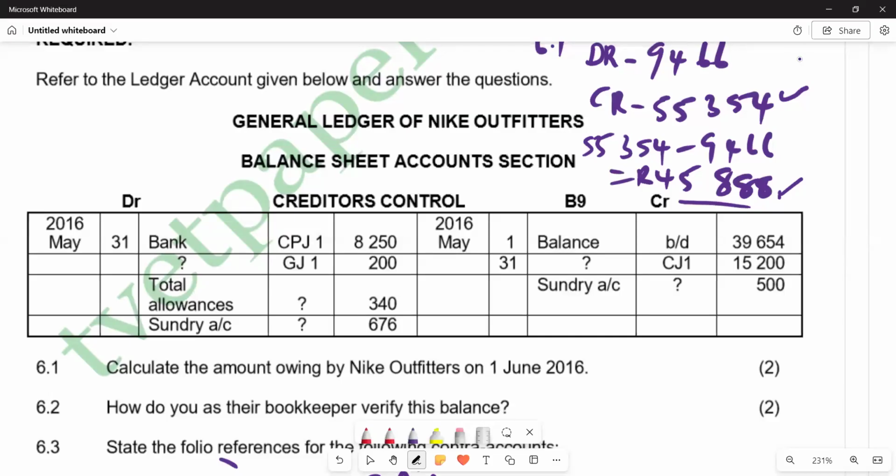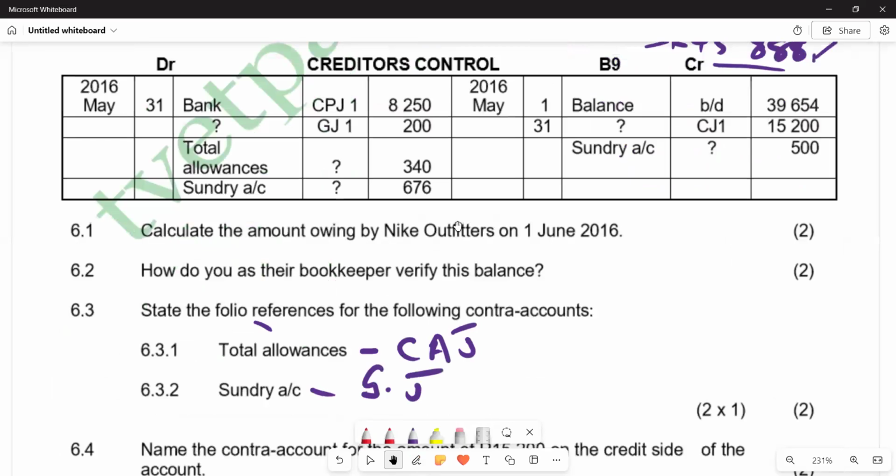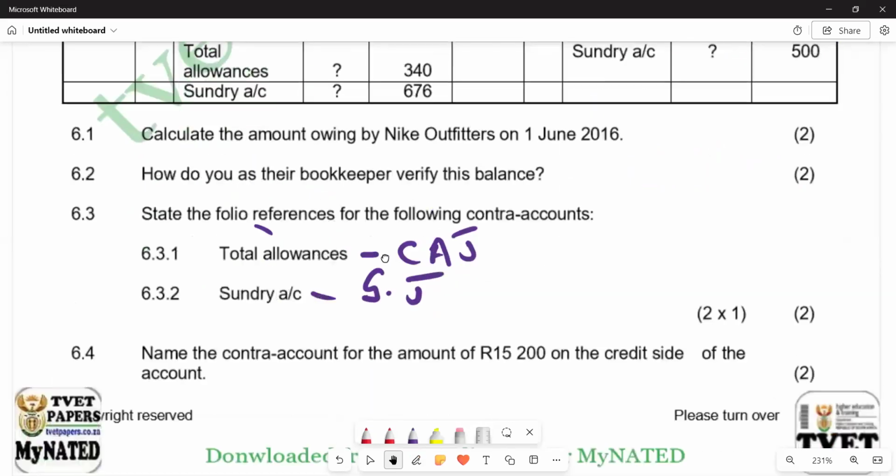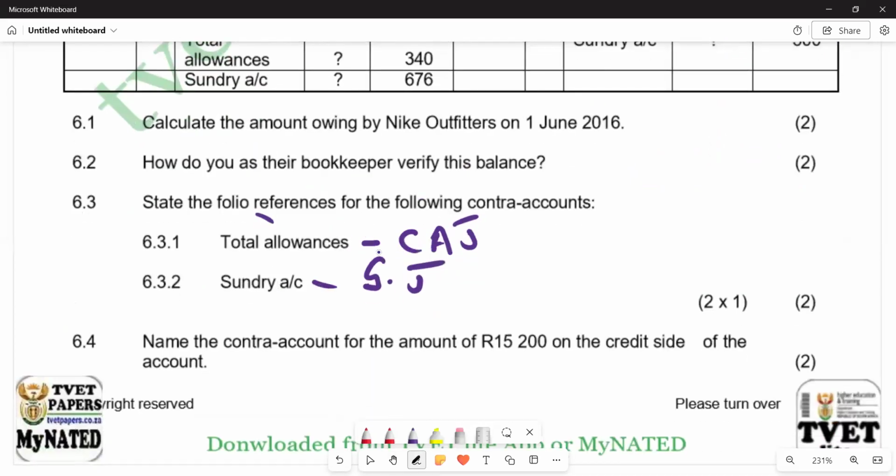So you'd see that the hint that we're having there is that we have a folio reference of CJ, which is going to be our creditors journal. So it means that this amount obviously is recording our purchases, or we can just say total purchases. So 15,200 is indicating our purchases. So we can just indicate on 6.4 that this is referring to our purchases. So we have got our purchases.